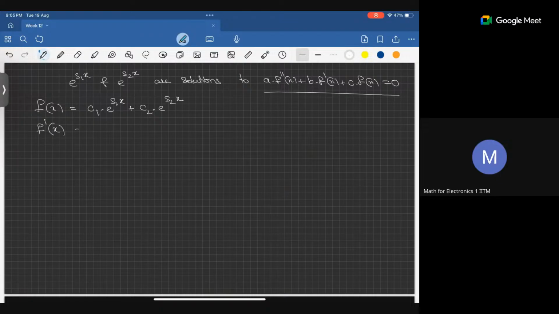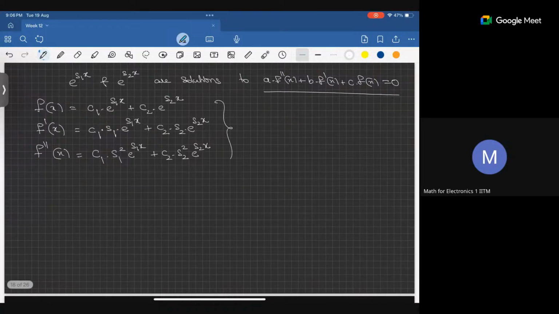So you take the derivative of f of x, you will have c1 s1 e power s1x plus c2 s2 into e power s2x. Then you take the double derivative also. You will have c1 s1 square e power s1x plus c2 s2 square into e power s2x. So all we have to do is substitute. So we substitute all these three here.